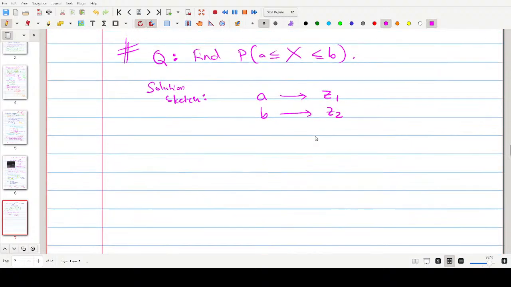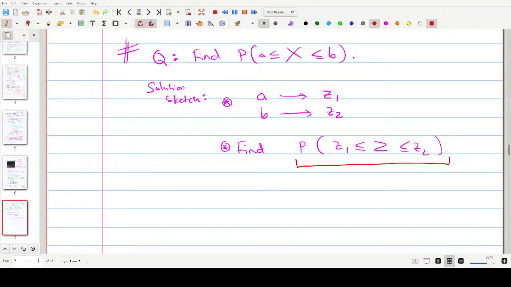This is the first step. The second step will be to find the probability of z being between z1 and z2. So this makes life very simple, because the final value on the right hand side can be found using the table.